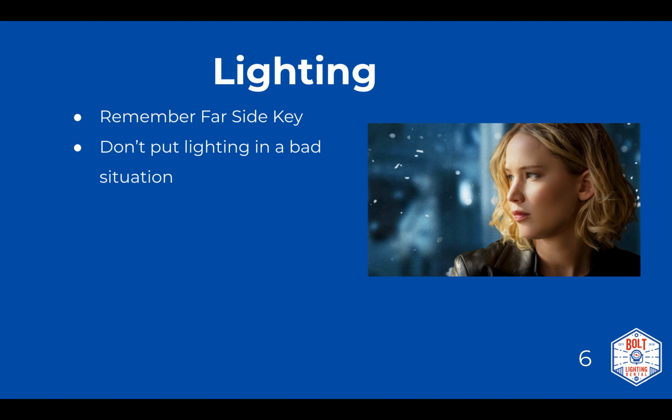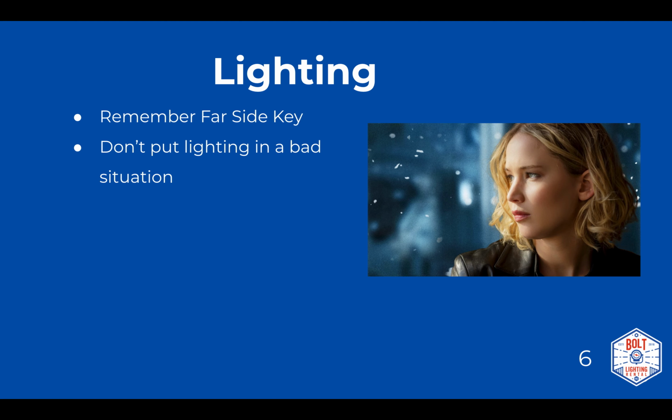And so kind of coming with that is, don't put lighting in a bad situation. As soon as you frame up a shot, you have to light it. An example of a quote unquote bad situation is if you are shooting down a narrow hallway, and there's no windows, there's no space, you don't have any practicals, and you put the actor up against the wall at the end of the hallway.